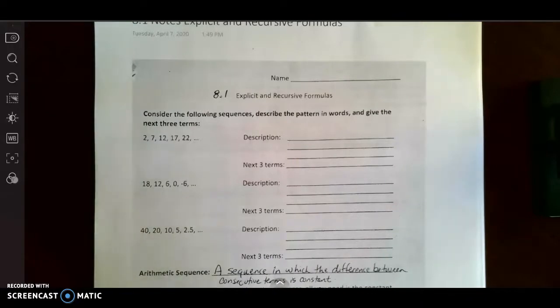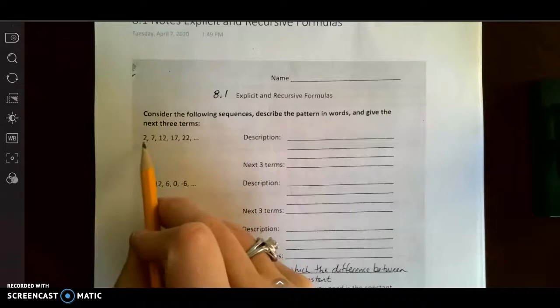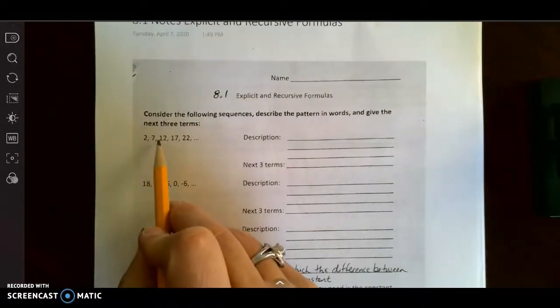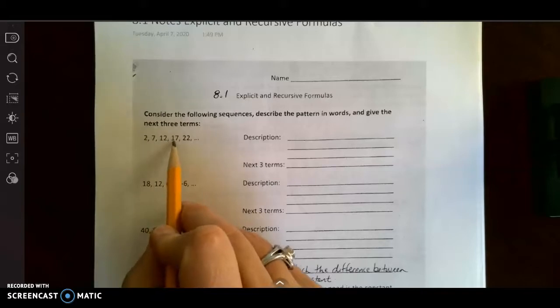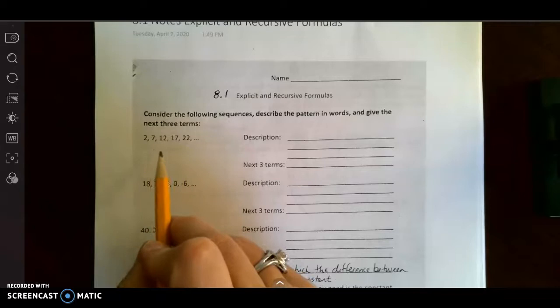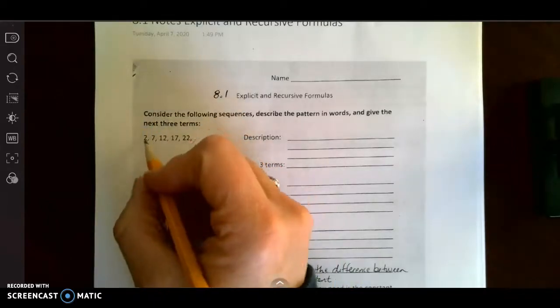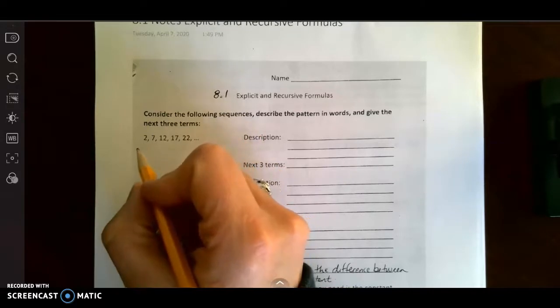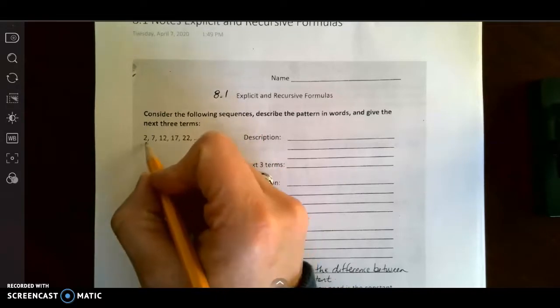So it says, consider the following sequences, describe the pattern in words, and give the next 3 terms. So when I look at this sequence, 2, 7, 12, 17, 22, I try to figure out what's happening here. First thing I always look to see is if I'm adding, subtracting, multiplying, or dividing.